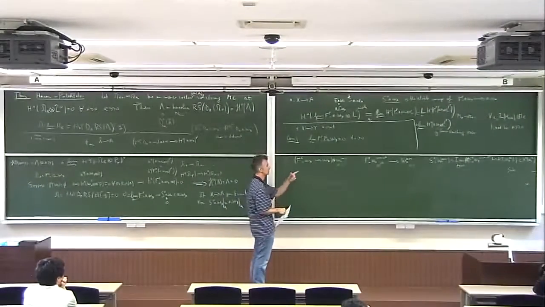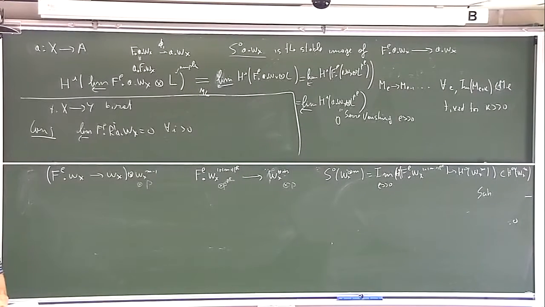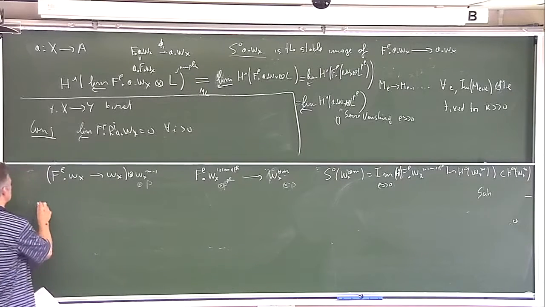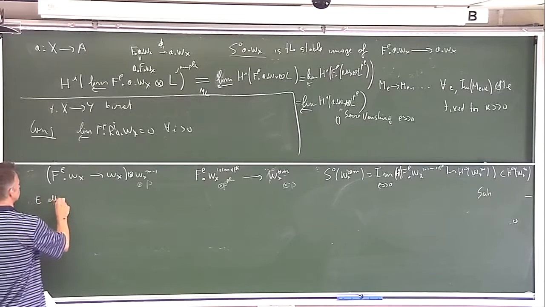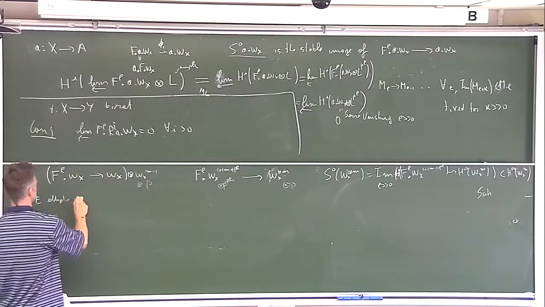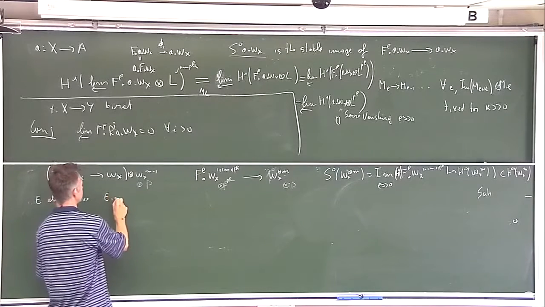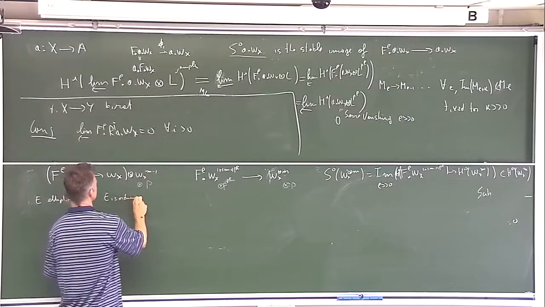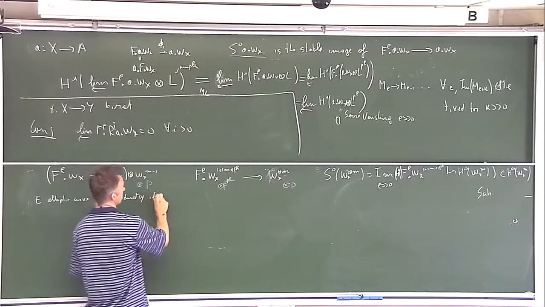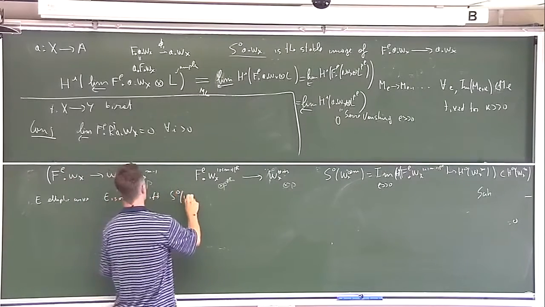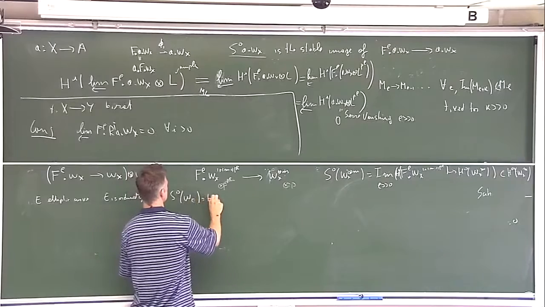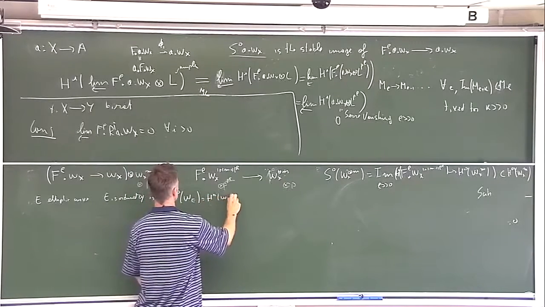Okay, so let me try and answer your question. Are those things finitely generated or not, and how far are they from H0 of omega_X to the m? So let me do one example. E is an elliptic curve. Then E is ordinary, this is the definition, if and only if S0 of omega_E is equal to H0 of omega_E.